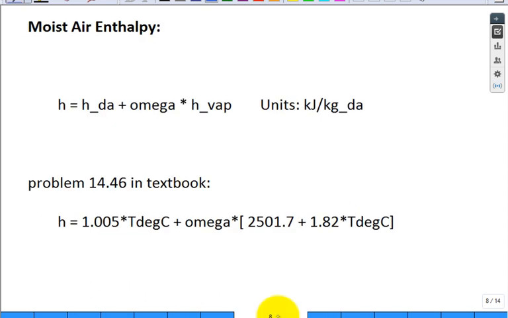Okay, one other thing is I need to talk about this mixture enthalpy. Sometimes it's convenient to say I'm going to have the moist air mixture enthalpy as the enthalpy from the dry air plus the humidity ratio times the enthalpy of the vapor in the air.